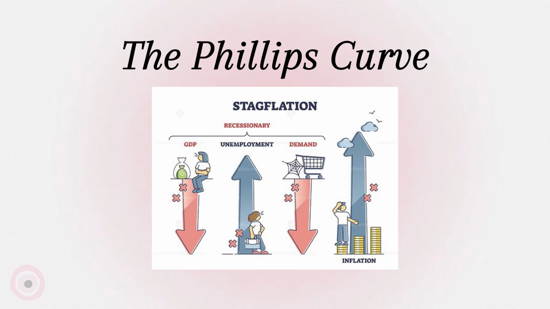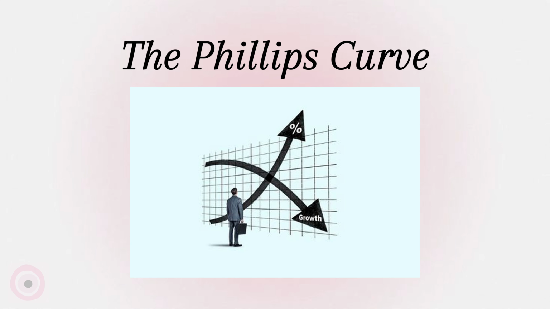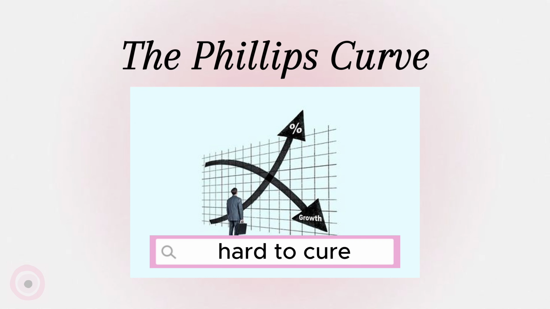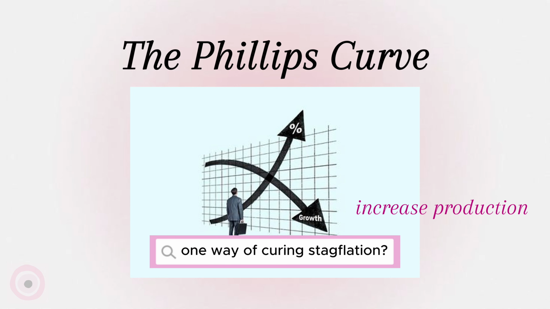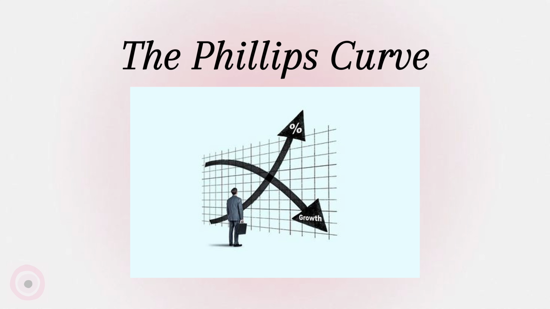And stagflation is when there's high inflation and high unemployment and low economic growth. This is very bad and it's very hard to cure stagflation, but one way could be to increase production.